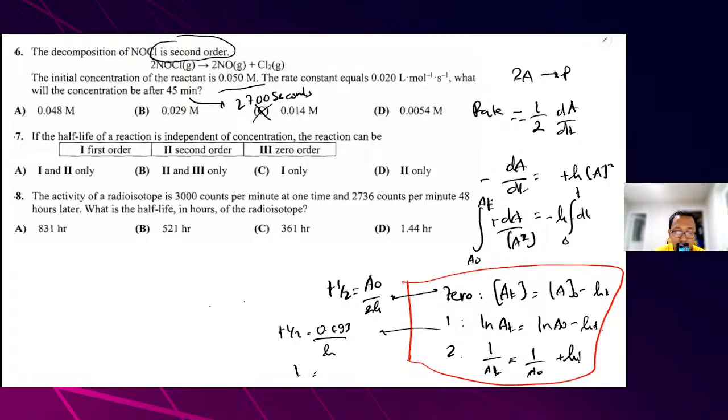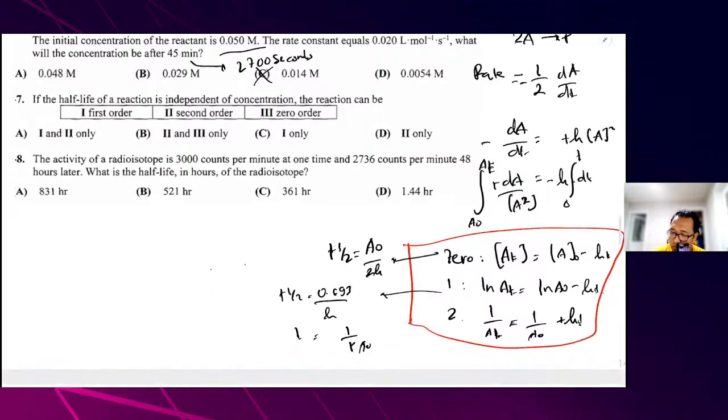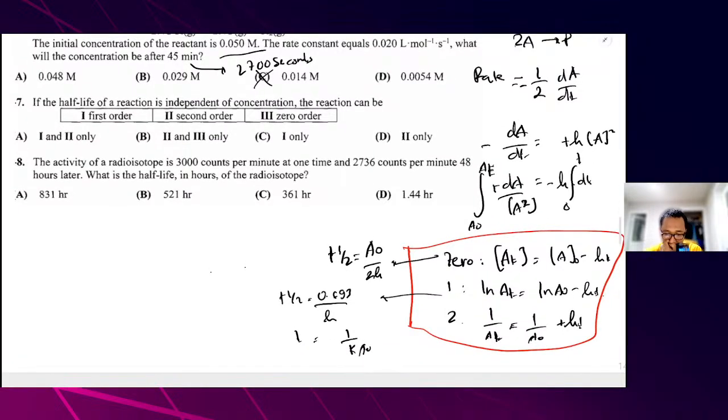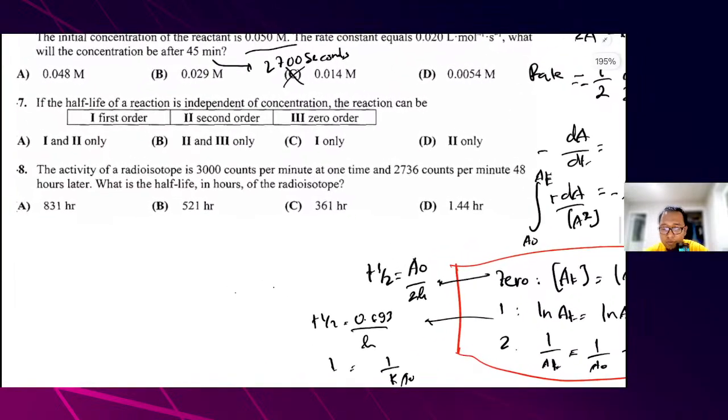And then this one, it will be 1 over k a0. Okay, right.